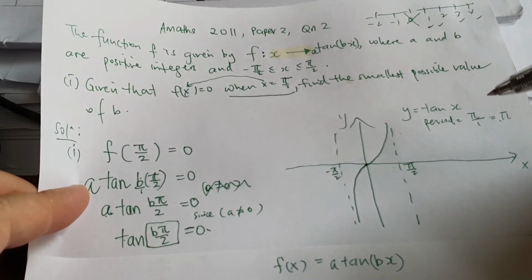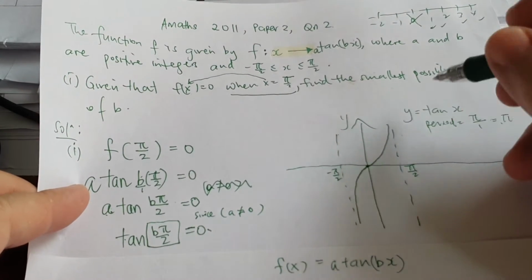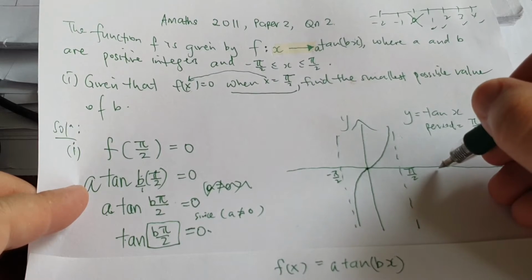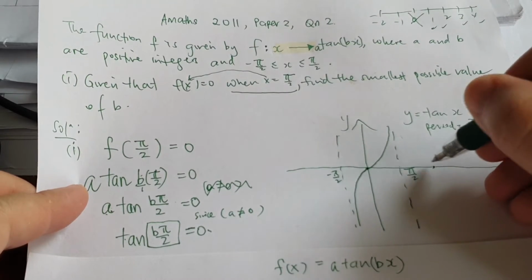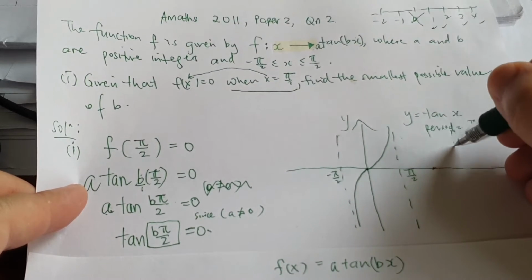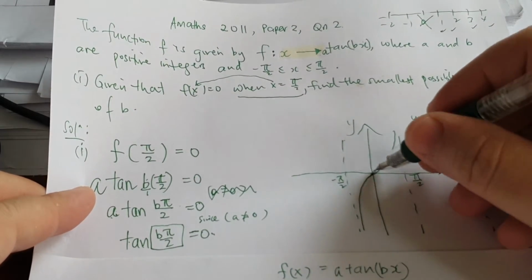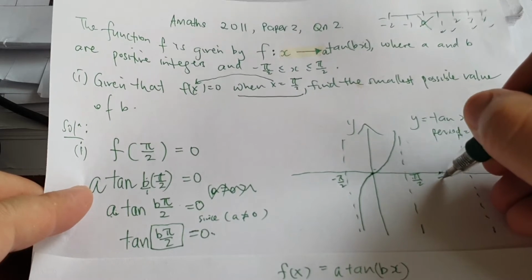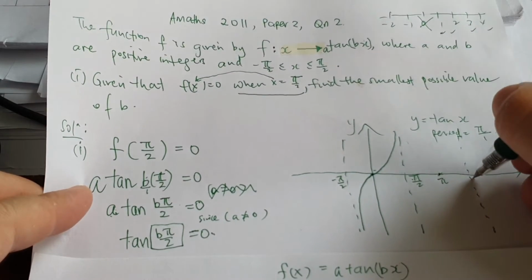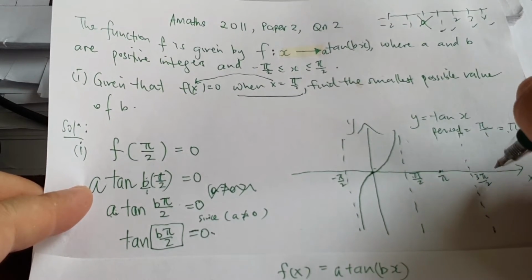Now if you know this, then you should know that the next one is another π/2, and then another π/2. That means it's like half, so this is π, then plus another half, so this is 3π/2.